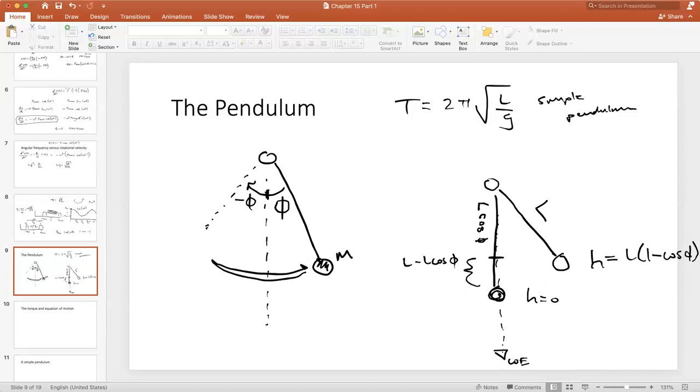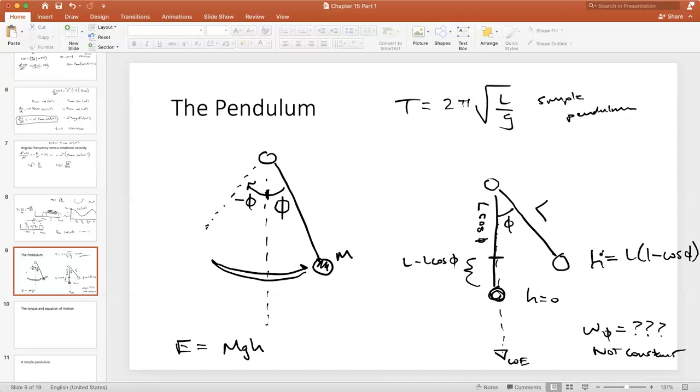Easy enough to understand. Remember that this is phi, and that omega of phi, we don't know. And it's definitely not constant. We could actually figure it out because the energy at any time is equal to mgh, whatever this maximum h is.